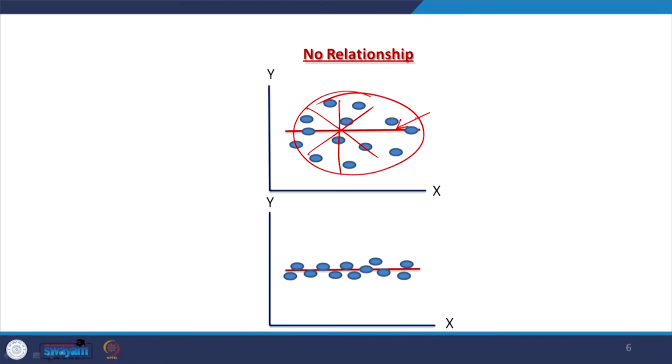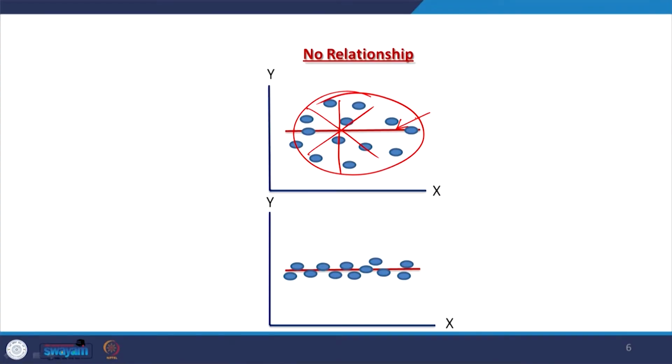Now, whereas in the bottom diagram, it clearly shows that the trend line does not have any variability. It has a trend line, but it is constant, is it not. So, irrespective of the change in x, y is not going to change. So, when y is not going to change, that means you are not going to find any implications of x on y.